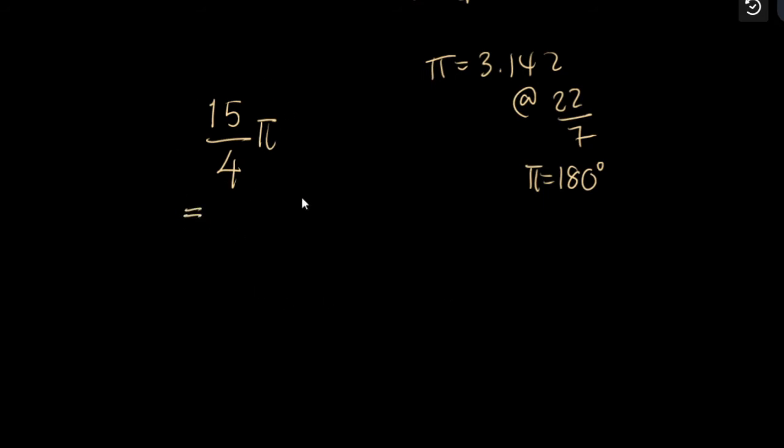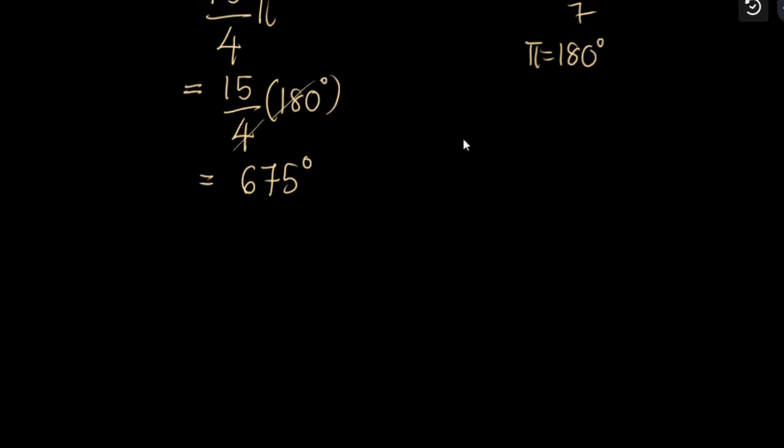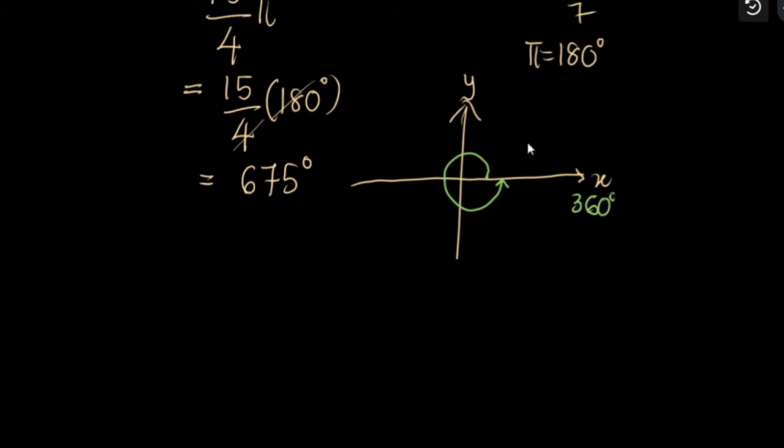So first step, you change the 15 over 4, you times with 180, you will get 675 degrees. Now let's draw 675. Draw your x-axis, and this is a positive angle, so it must move from here. Since it is 675, I do one cycle. One cycle means 360, the whole thing.